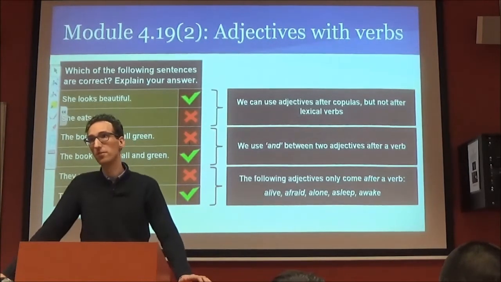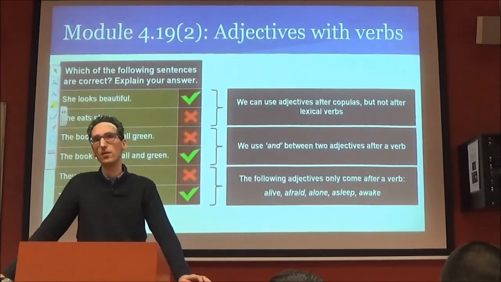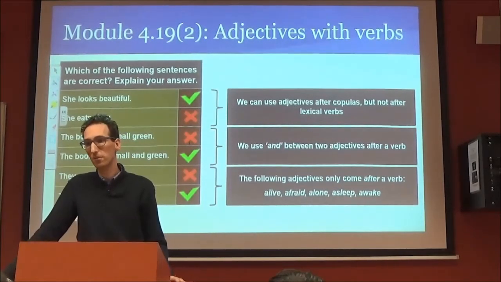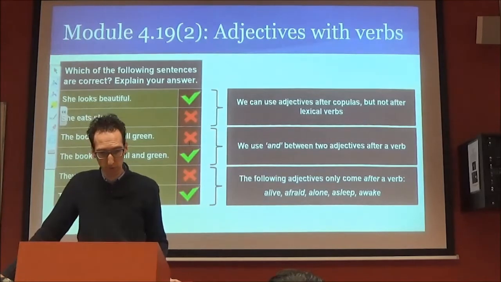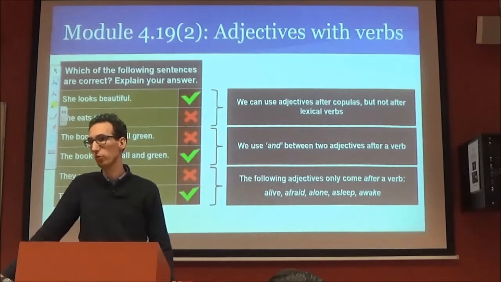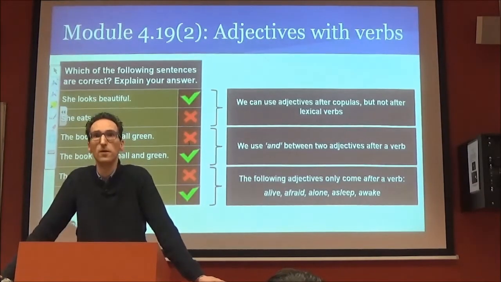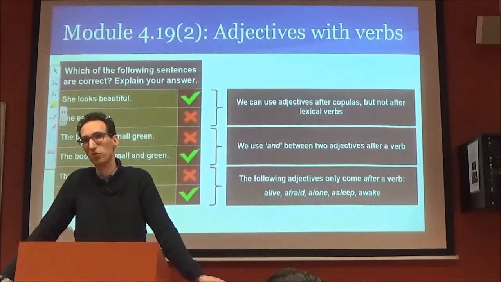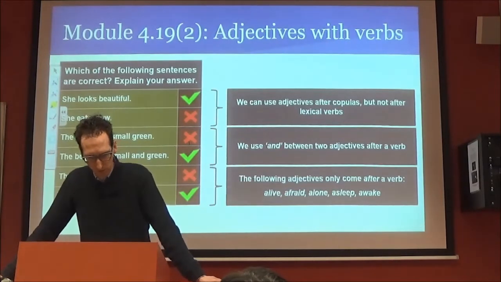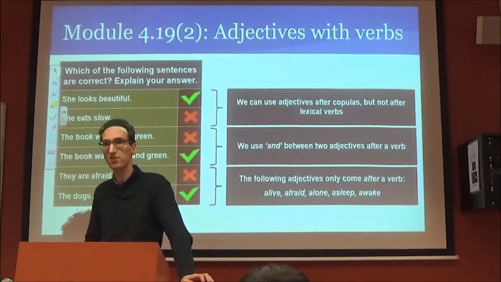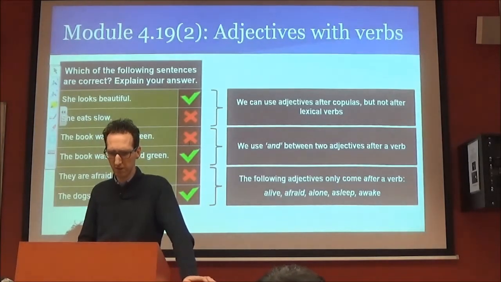Most adjectives can be either predicative or attributive. For example, small: the small book, or the book was small. If you say the small book, then small is an attributive adjective. If you say the book was small, then small is a predicative adjective. Again, this is not essential information to know for the test, but it's important to know these things if you're studying grammar.